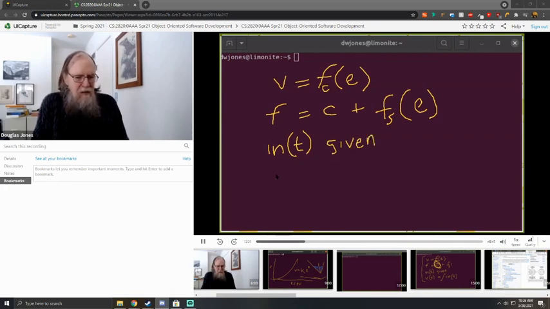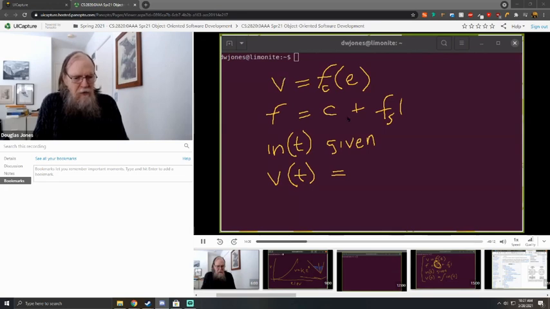The volume as a function of time, oh yeah, that's volume.